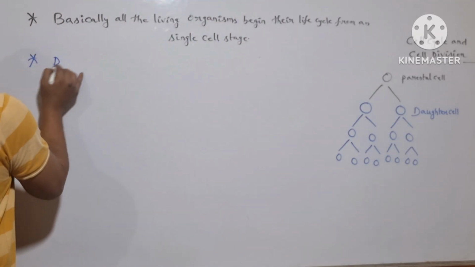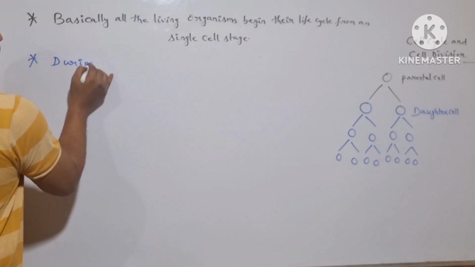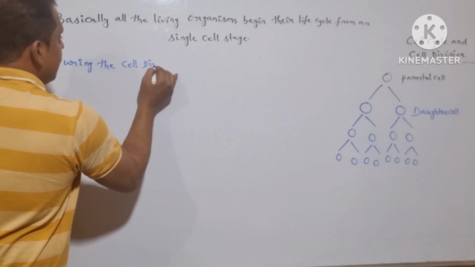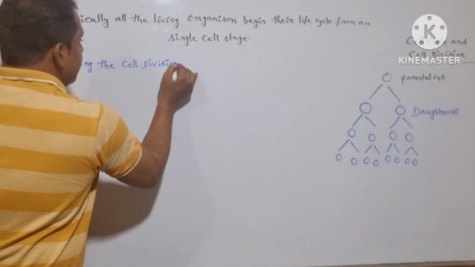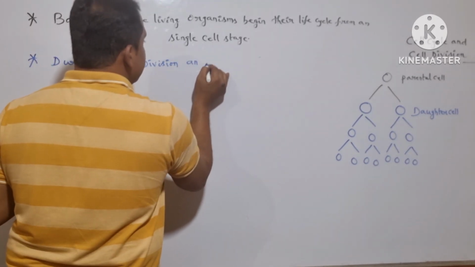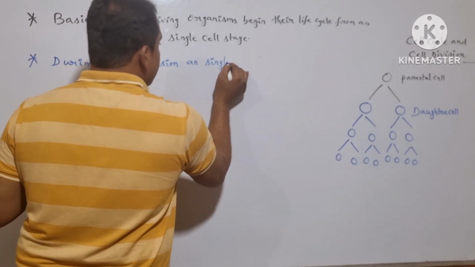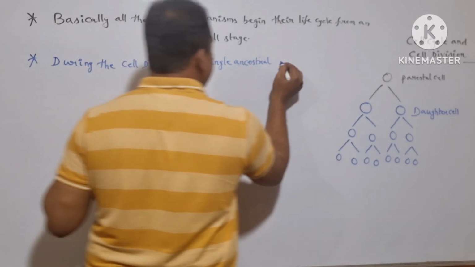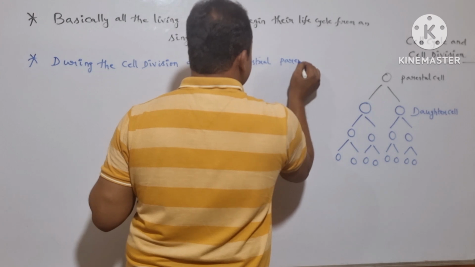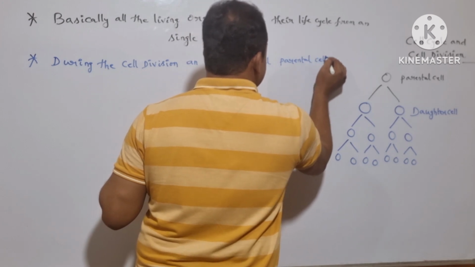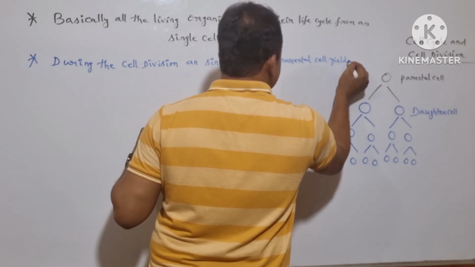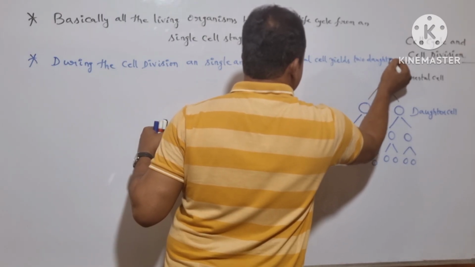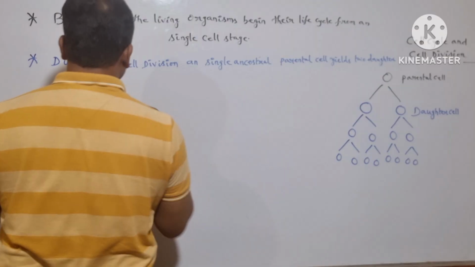During the cell division, a single ancestral parental cell yields two daughter cells, right?